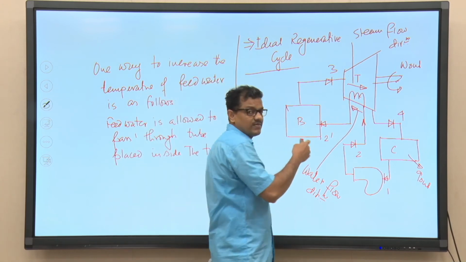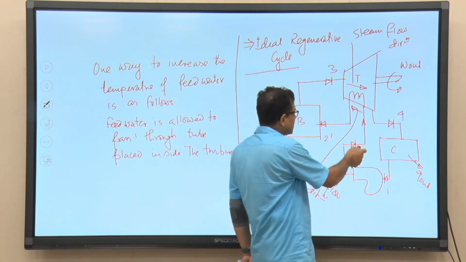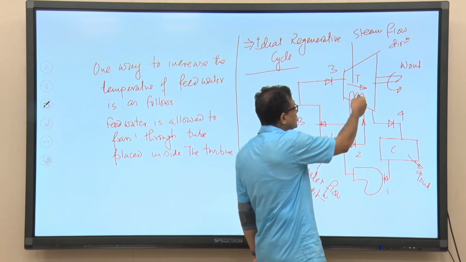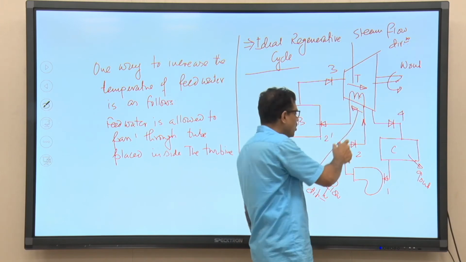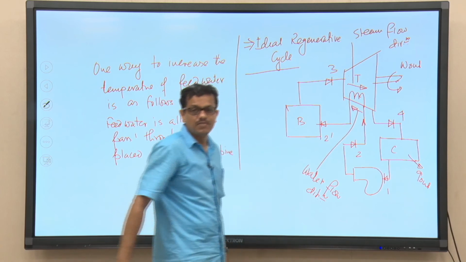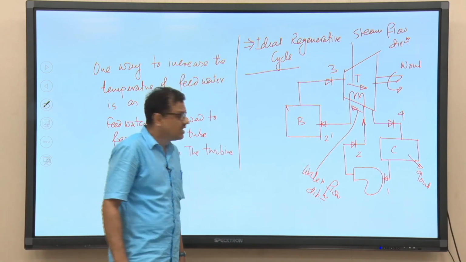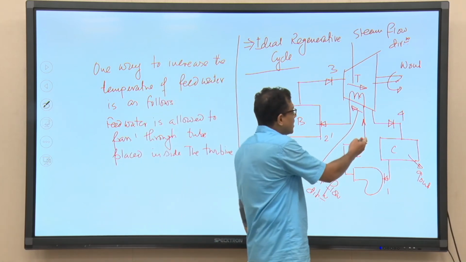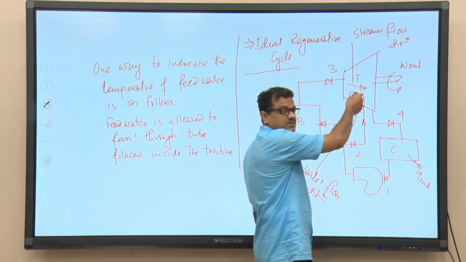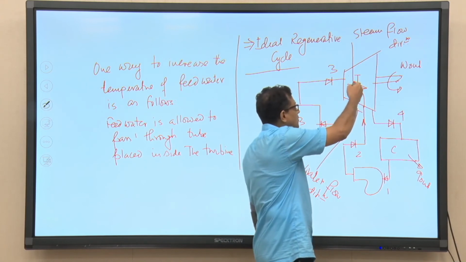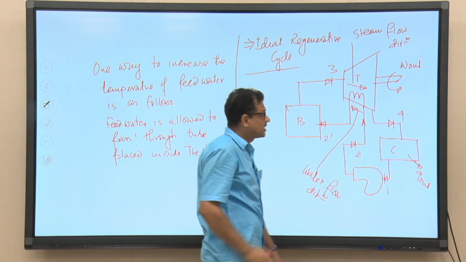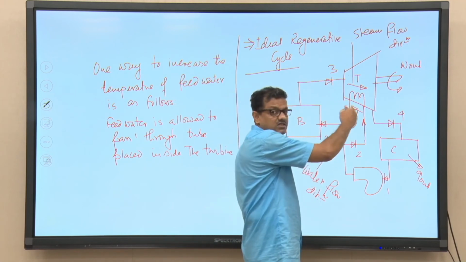What are the methods? Instead of allowing water to pass through the coil which is placed inside the turbine, we can have a separate chamber in which water will be allowed to mix with a certain portion of steam that will be extracted or bled, right. So, we can have steam bleeding or steam extraction.